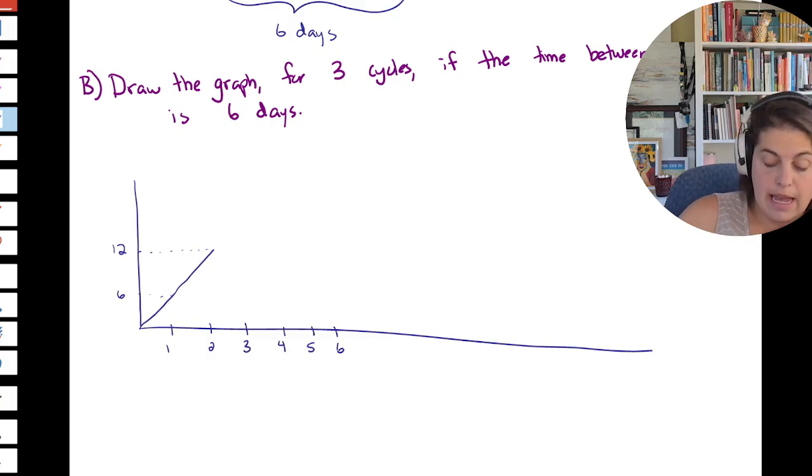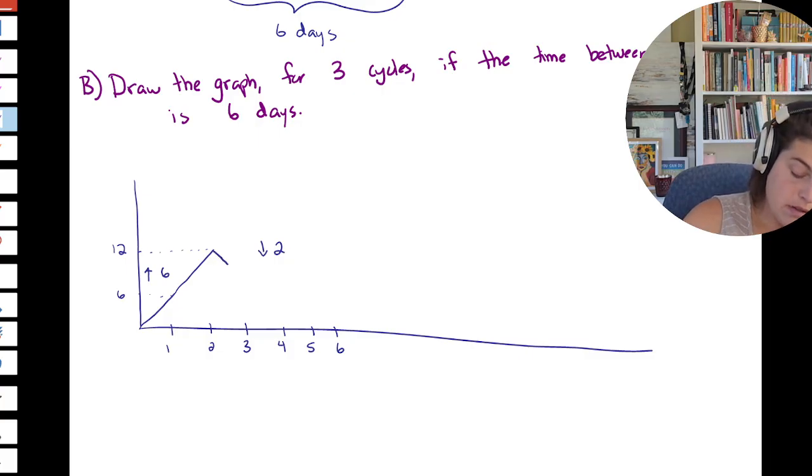While we increase at that rate of production minus demand, in this case 6 per day, we decrease at a rate of 2 per day because that's our demand. So we're going to go down.